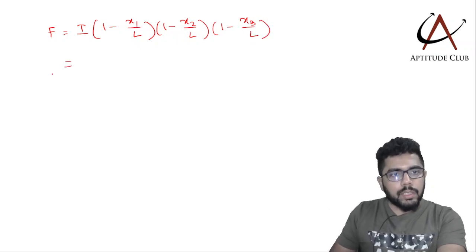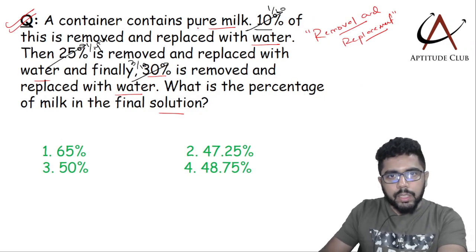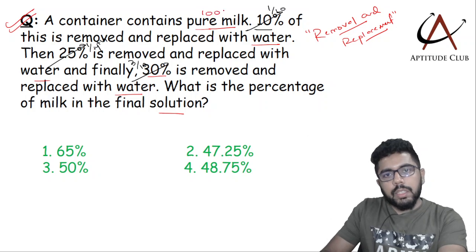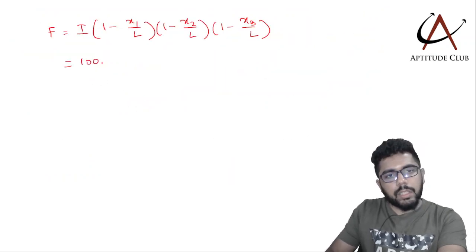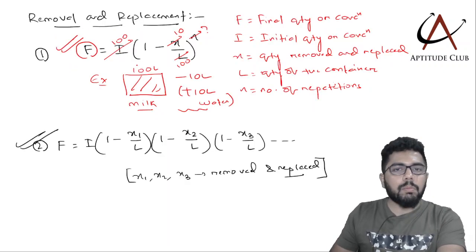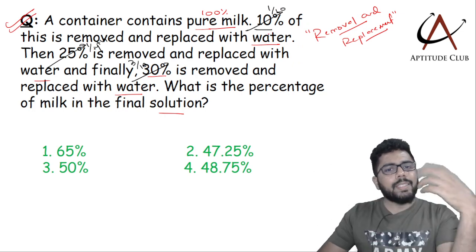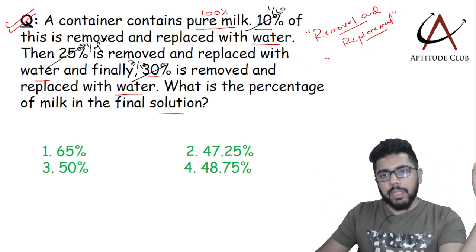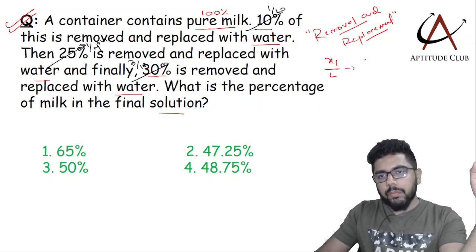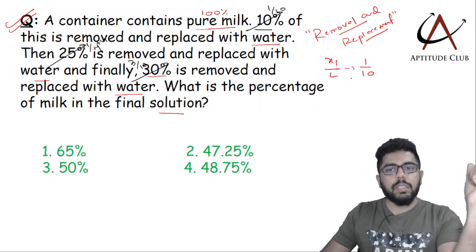Now if I look at this, the container contains pure milk. Initially I have 100% milk, so I'll use I as 100%. Then 1 minus x1 by L. We don't know the exact capacity of the container, but it is saying 10% is removed. That means x1 by L is 1/10.